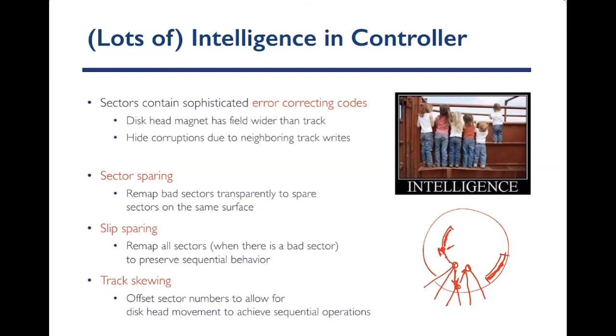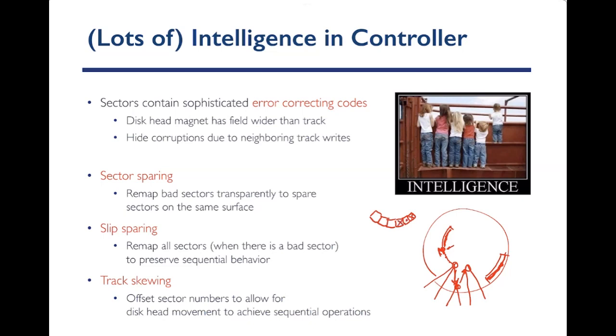So let's say these are the sectors on the same track. The head is here, you read this sector, you cache it, you want to send it. By the time the sending is done, the head has moved over this one and it's now here.